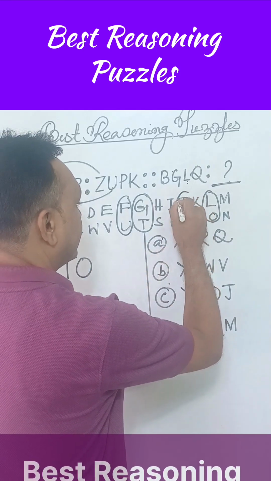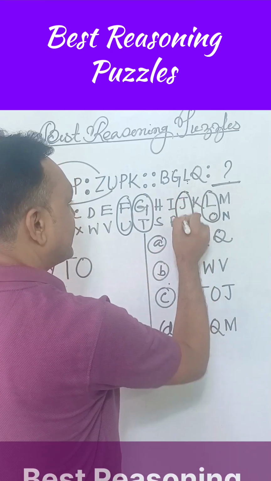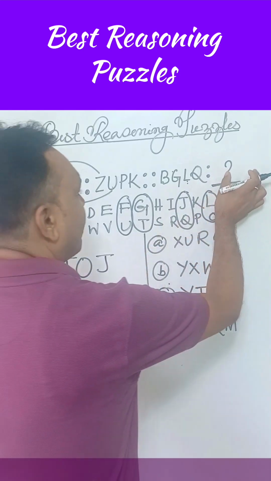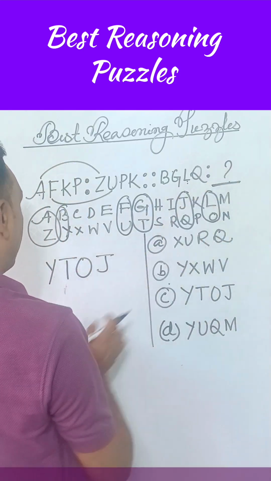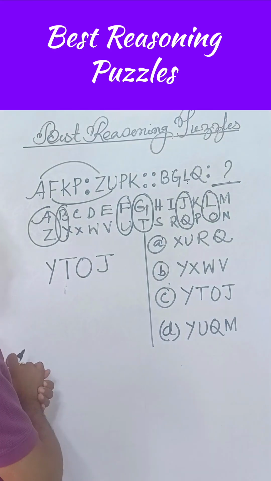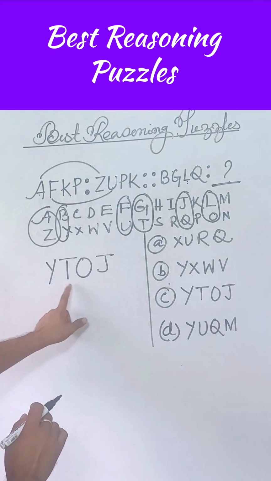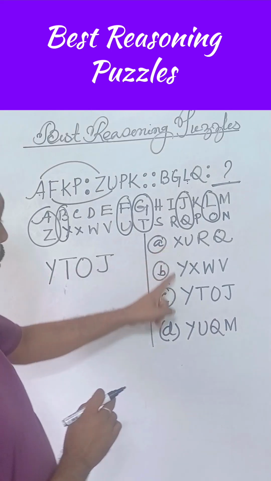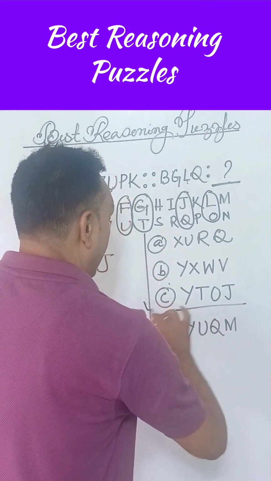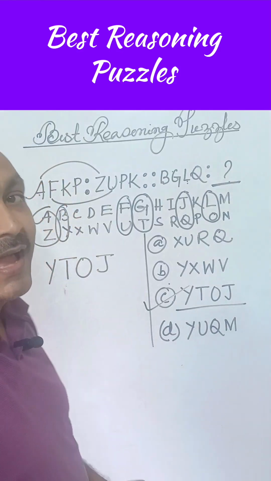It just matches with J. So the four alphabets should be Y, T, O, J. Check whether Y, T, O, J is there or not. Y, T, O, J. So it is there. So option C is the correct answer.